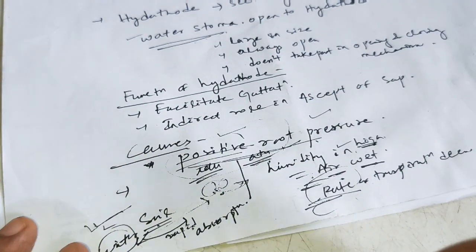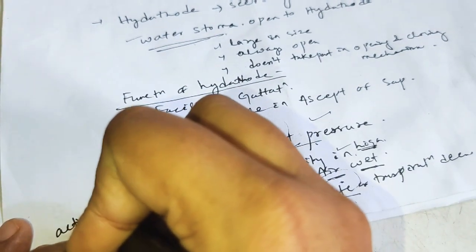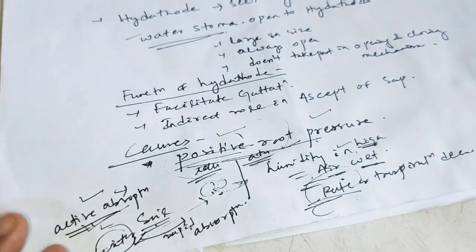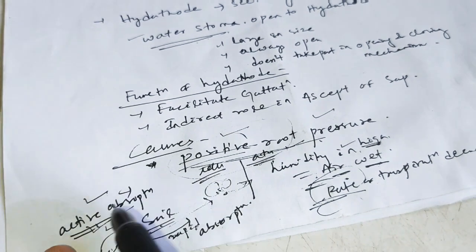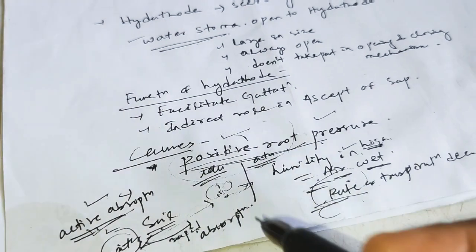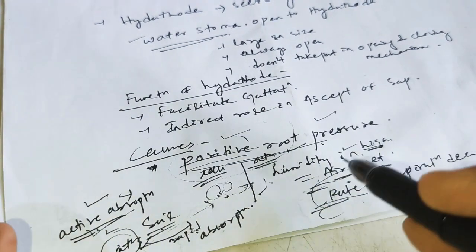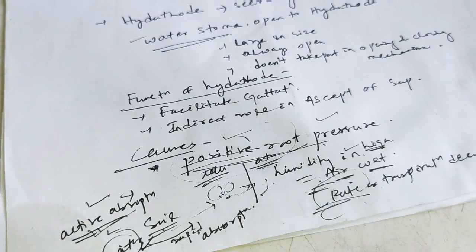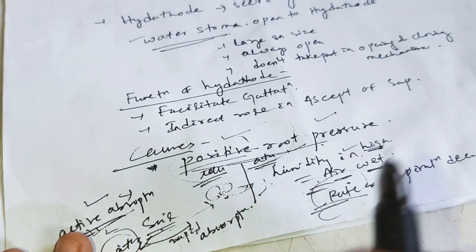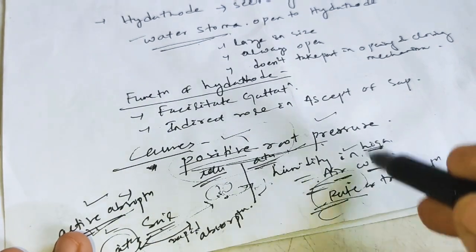Okay, so here the root participates in active absorption, due to which the water is finally released in the form of guttation, not in the form of water vapor, but in the form of water droplets. Okay, due to pressure, due to normal pressure OP and TP, osmotic pressure and turgor pressure, the water is released out.